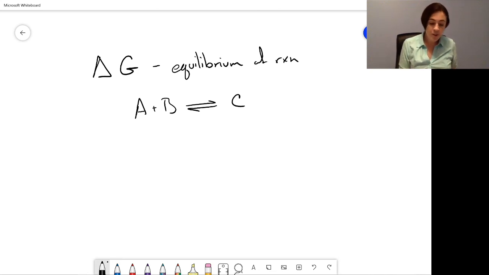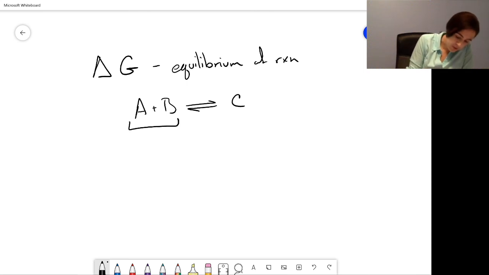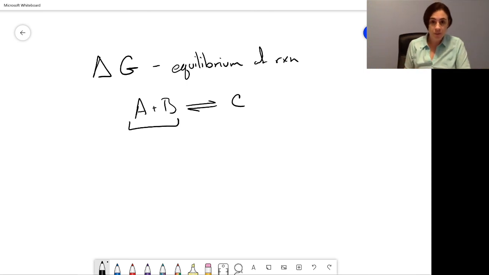But we can also measure the delta G of the reaction because these are all physical observables. This is really the power of Gibbs free energies, is that you can take things that are physically measurable, like concentrations of reactants and concentrations of products. Right? We've just talked about all of the methods that you can use to identify molecules, such as mass spec, IR, and NMR. And you can quantify these things.